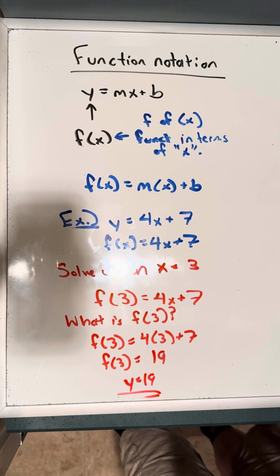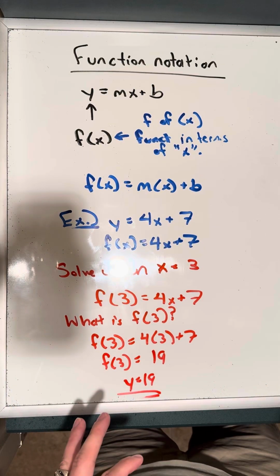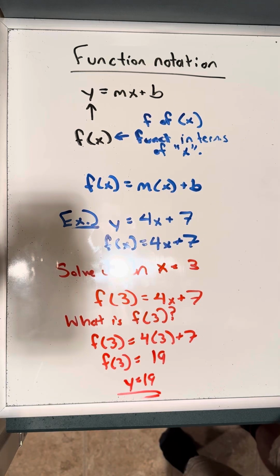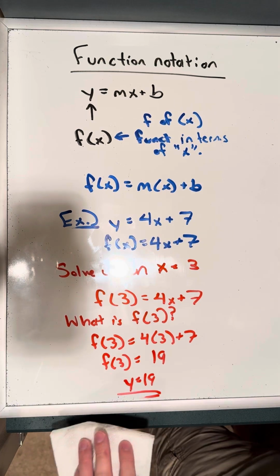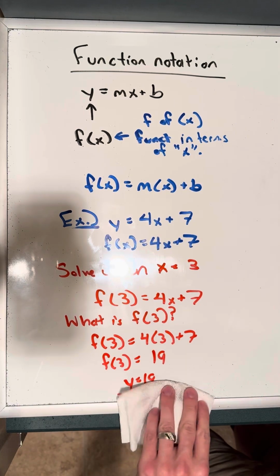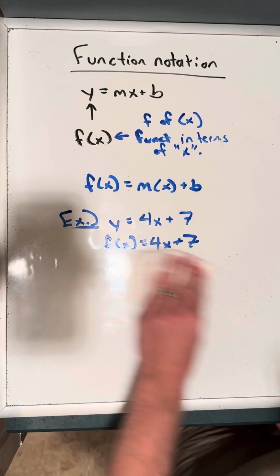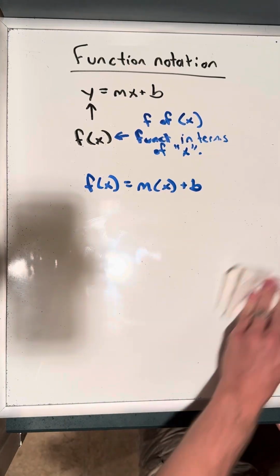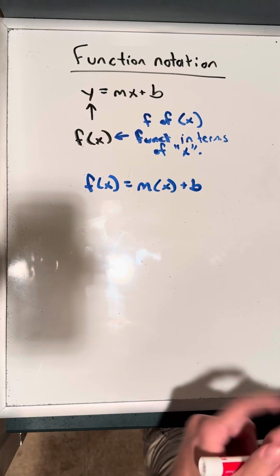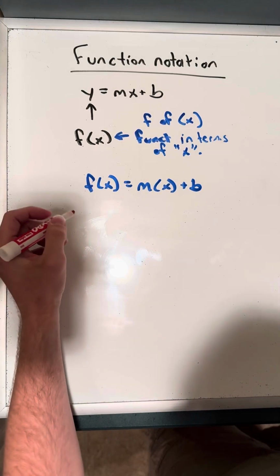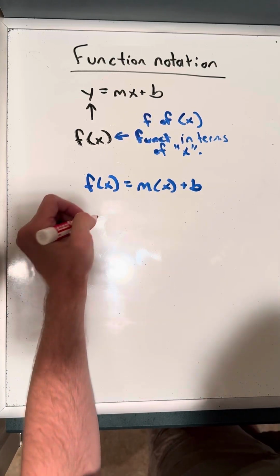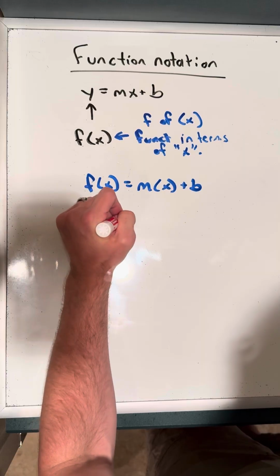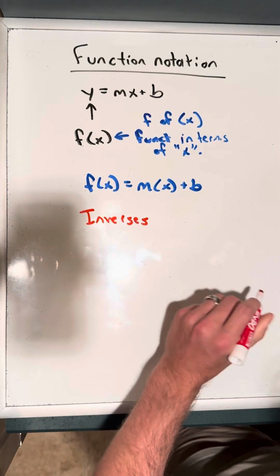Now, for those of you who are wondering why the heck this even exists, function notation exists because it allows us to do a couple different things in higher level mathematics. For example, people use function notation to help them identify different parts of equations. When you start learning about something called inverses, oftentimes they will use function notation.